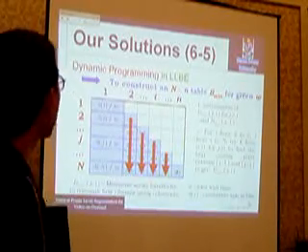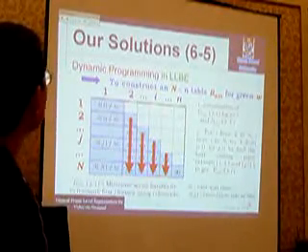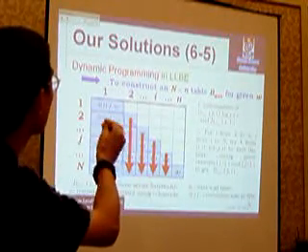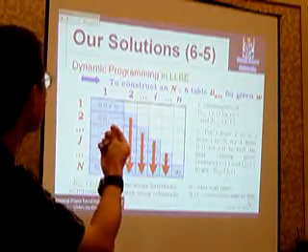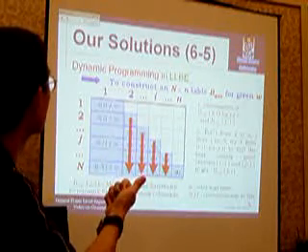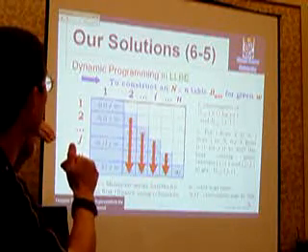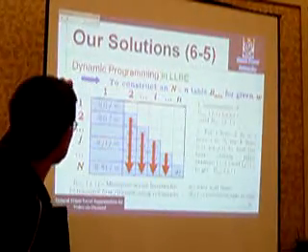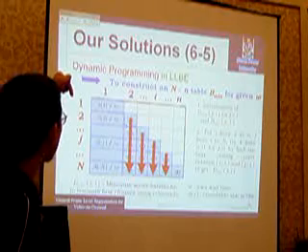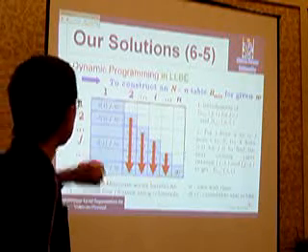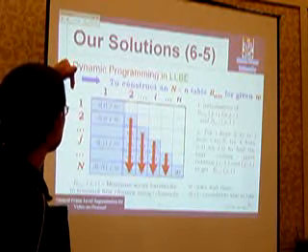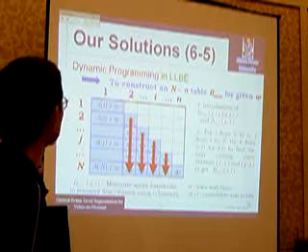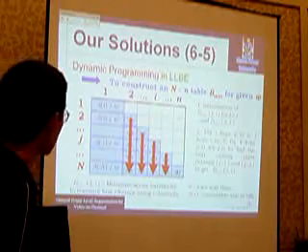And for I from 2 to N, J from I to capital N, try K from I minus 1 to J minus 1 to find the best cutting point between I minus 1 and J minus 1 to get B min J I. So the step is that first, when the number of segments is 2, we find the minimum server bandwidth when we transmit the first 2 frames, 3 frames, until the capital N frames.